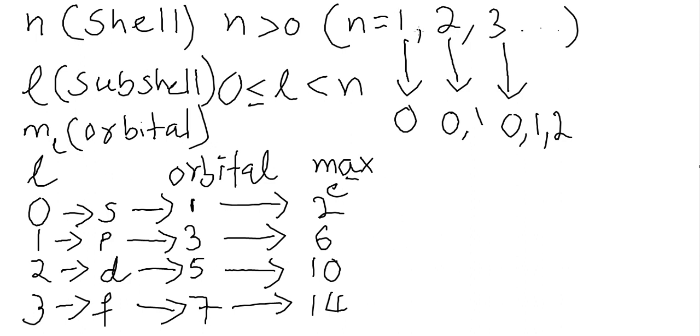Then when we go into n equals 2, we will start again with the smallest subshell, l equals 0, and then we go into l equals 1. And then when we go into n equals 3, we go into again l equals 0, then 1, and then 2. The smaller the values, the lower the energy of those shells, subshells and orbitals.